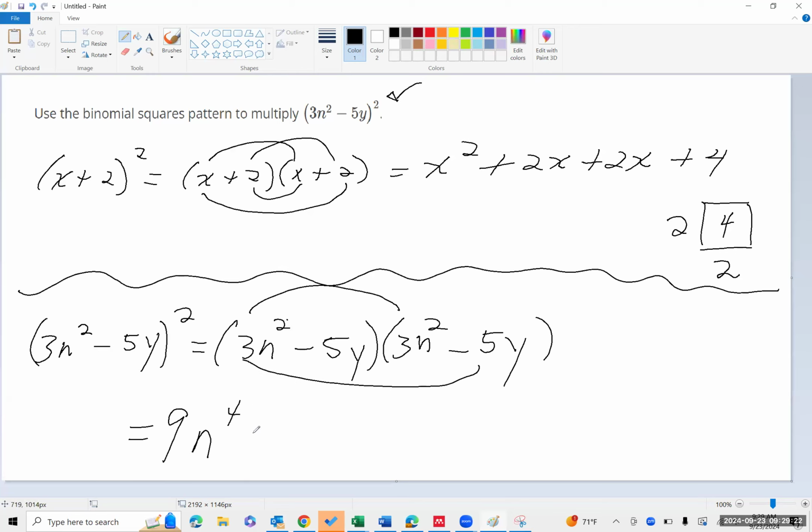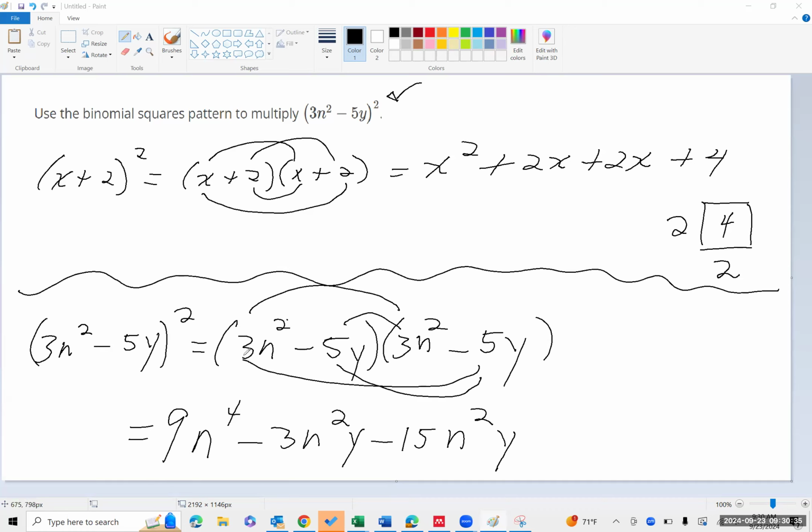Then outer is minus 3n squared y. Inner is minus 15n squared y. And last, before continuing, let me correct something.